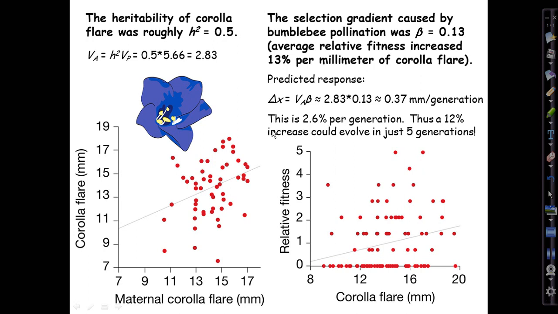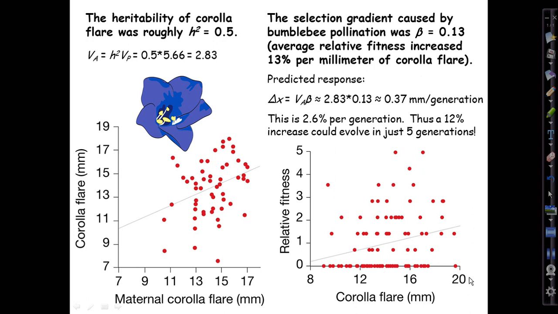So, doesn't sound like much, 4/10 of a millimeter, but actually it's humongous. It's a 2.6% increase in flower size, diameter, per generation. So a 12% increase could have evolved at that rate in just 5 generations if it was kept up at about the same size and in the same direction for all 5 generations.